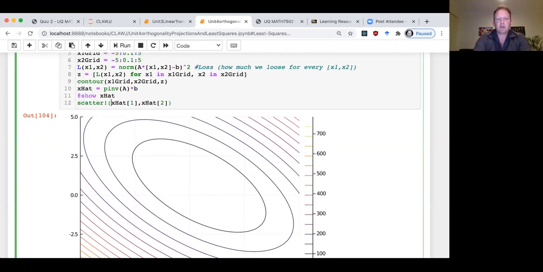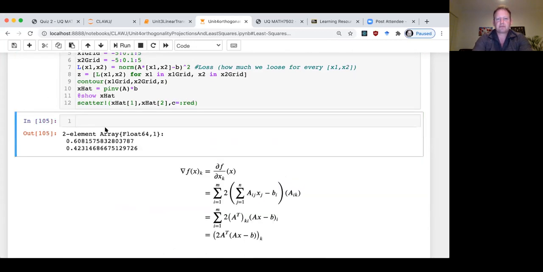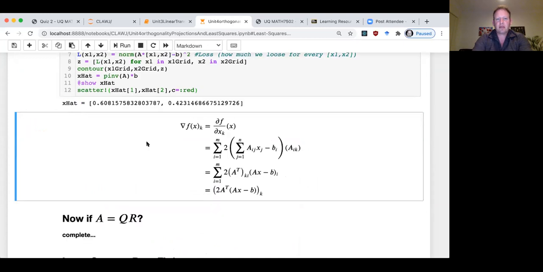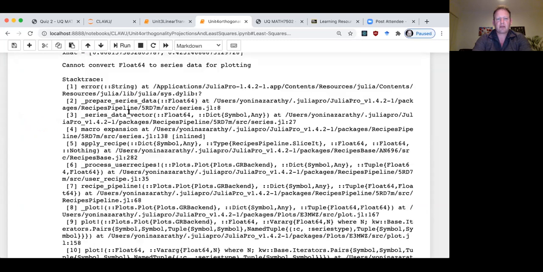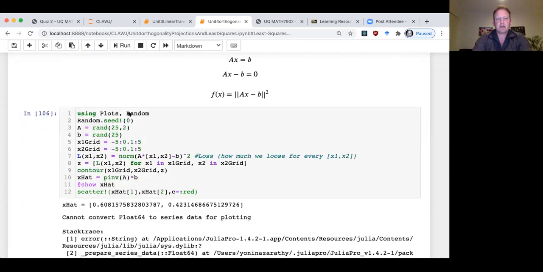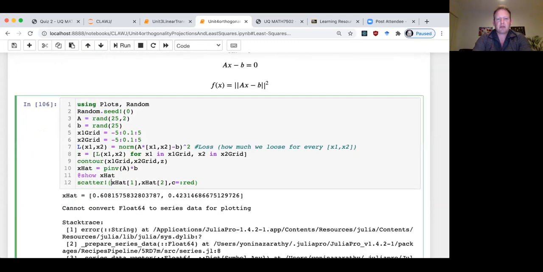Scatter exclamation mark with color equals red. It didn't like it. Why not? Oh, maybe just scatter X hat.